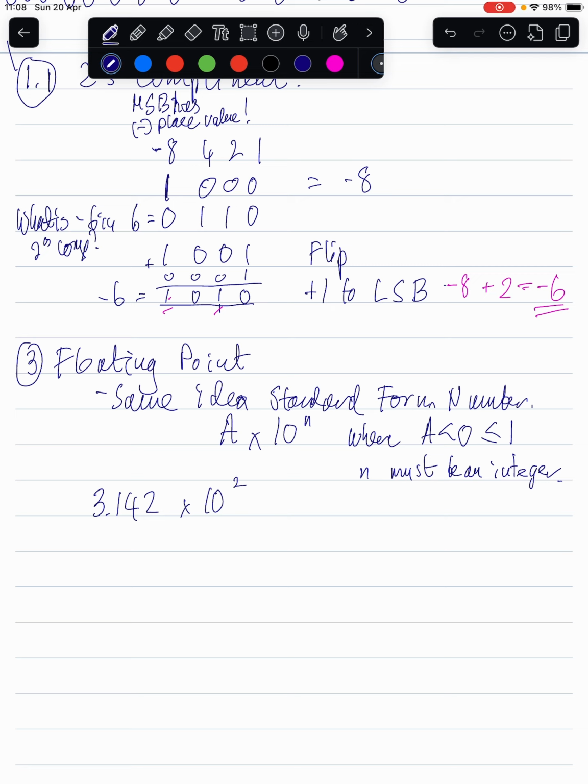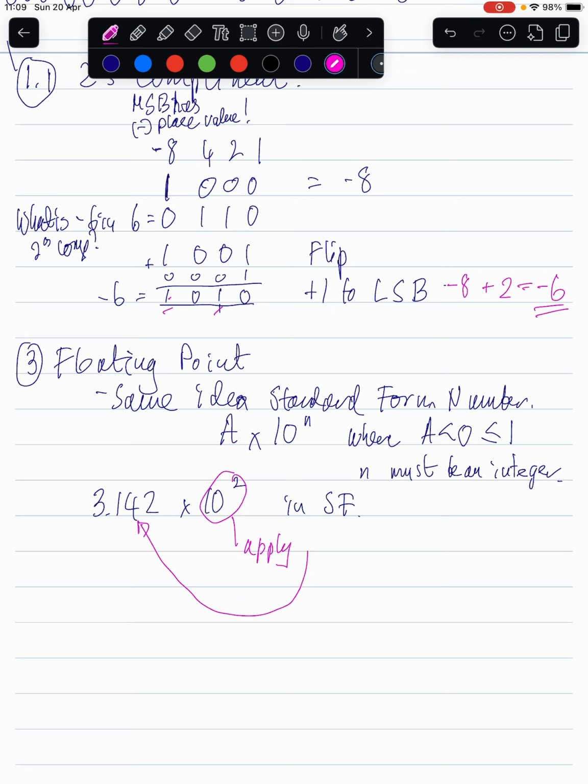So that's in standard form, but do you see that as an ordinary number? We would apply this to that. What does that mean?